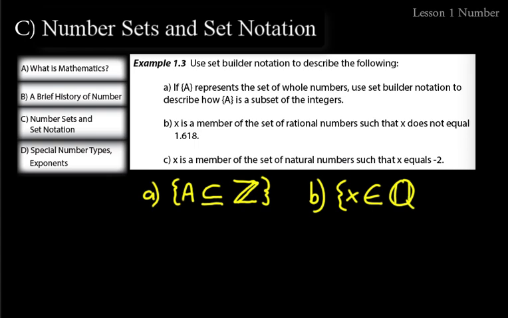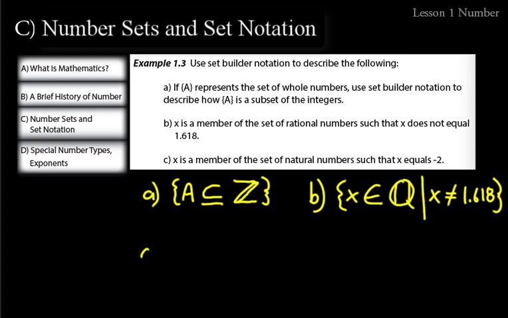X is a member of the set of rational numbers such that, that's our vertical line, X, if we say X equals, we just put an equal sign. If it does not equal, we put a slash through it. X does not equal 1.618. So that would be the notation for that.